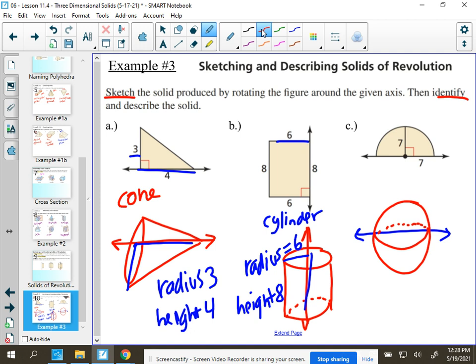Not beautiful, I'm an artist by no stretch of the imagination, but we should definitely call this a sphere. This one is a little unique in that the only feature we have is a radius equal to 7. There's no height on that one. So use those. They're similar to ones I'll ask you to do on a homework or a quiz.